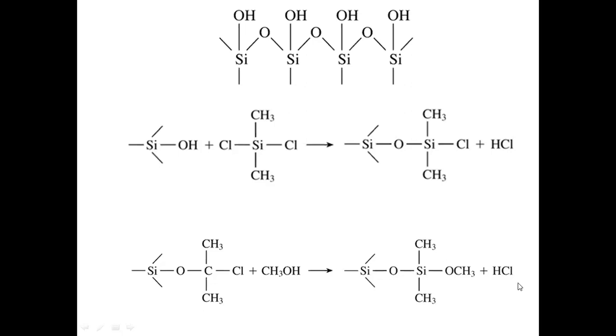Chlorine is also eliminated here to give one more molecule of hydrochloric acid. Now this is called disilane ether. This disilane ether is going to be less polar when compared to this one, and the methoxy group is attached here. Dimethyl methyl oxysilyl stationary phase has now been obtained.